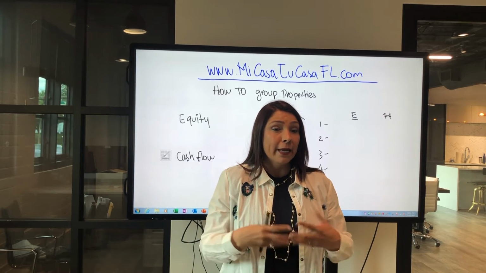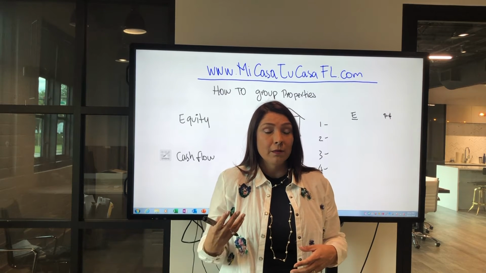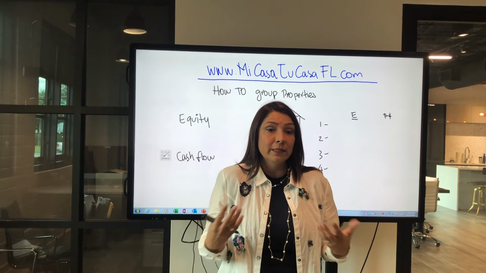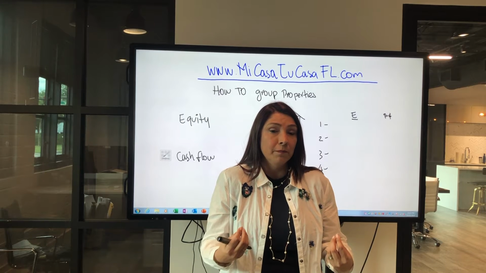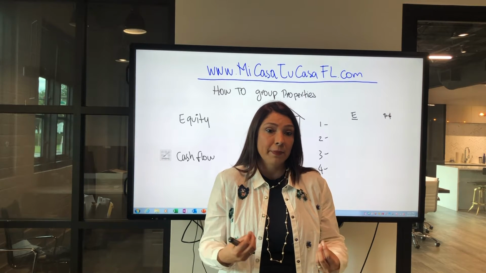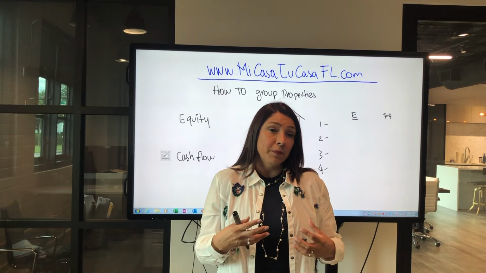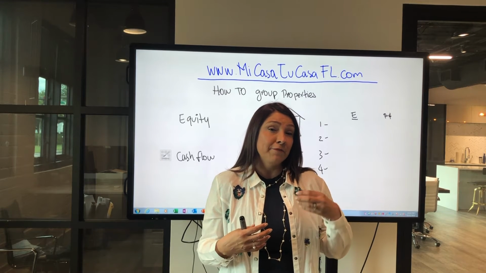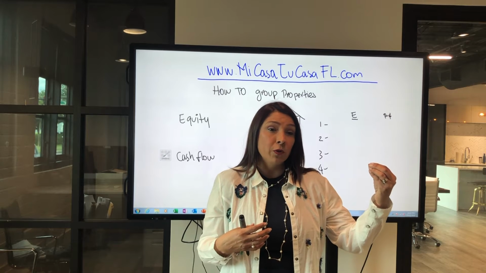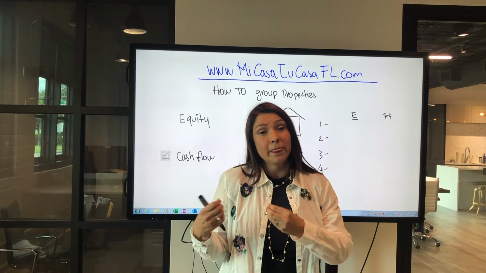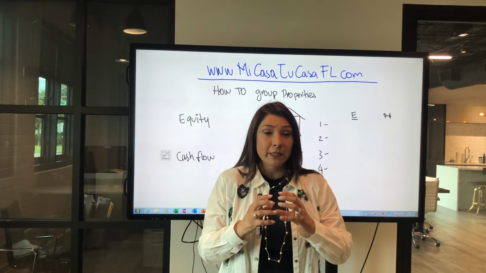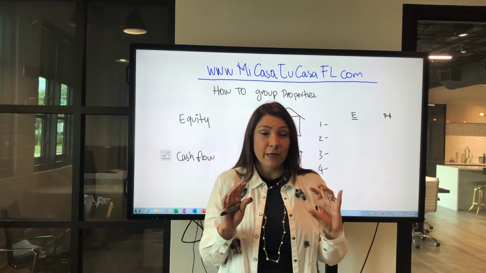Again, everything comes down to the risk that you are willing to put out there in case something happens. Normally what I like to do is group the properties that are giving more performance with those that have equity. That is how you would probably set everything up.